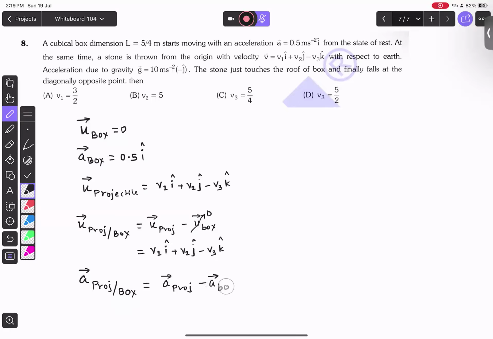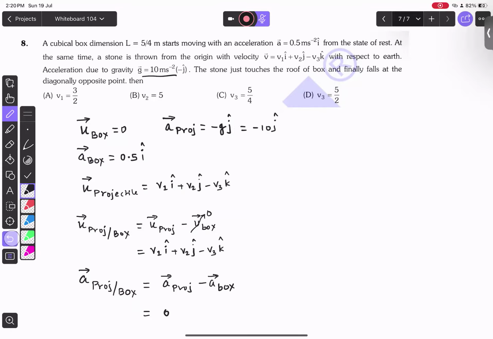And what is the acceleration of the projectile from the ground frame? It only has a downward acceleration, which is g. I will use minus j cap to write it down. They have told us to take g as 10, so it is minus 10 j cap.